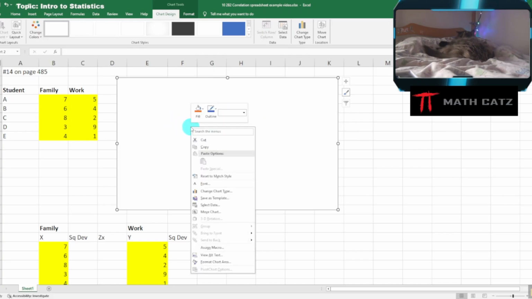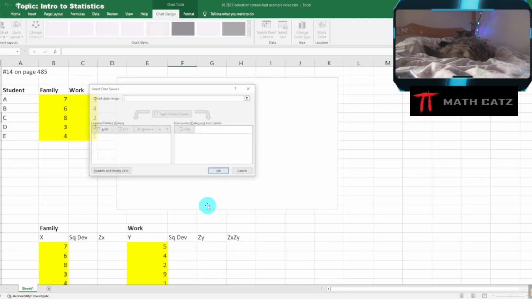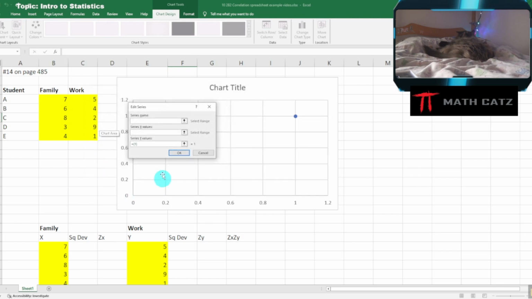And now we're going to right click on this. And then I'm going to select the data that I want to represent. And here, I don't really like to use that top one. I'll just put in the 2 data sets by adding here. You can give it a name.